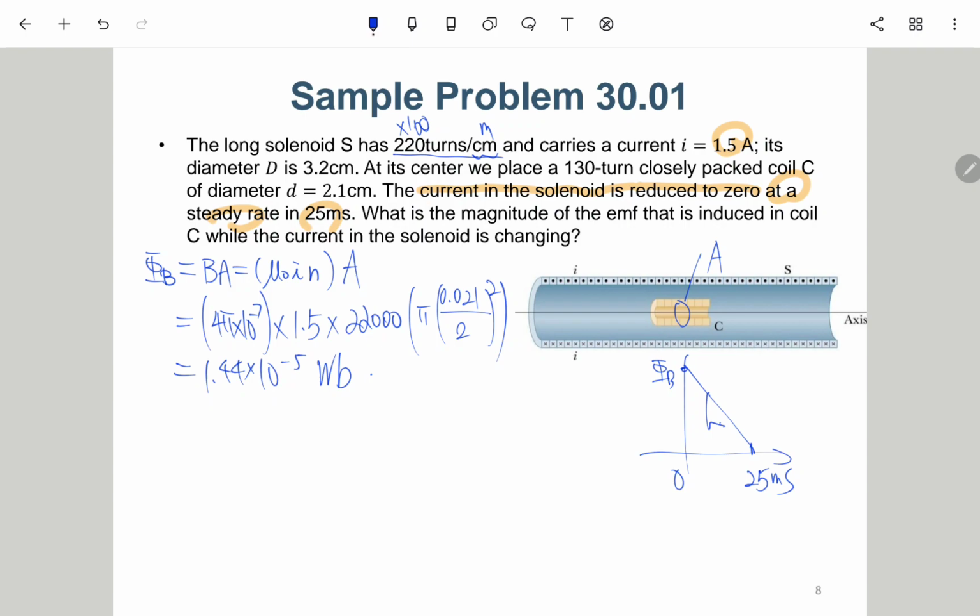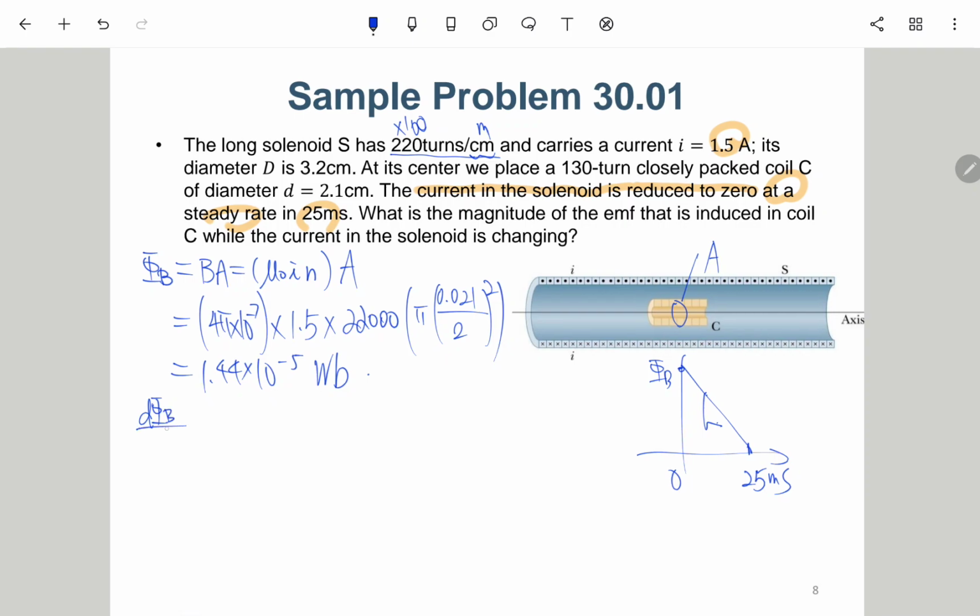The derivative between 0 and 25 milliseconds, d phi B dt, should be negative 1.44 times 10 to negative 5th power, divided by 25 milliseconds, 25 times 10 to negative 3rd. Okay, so this is actually negative 5.76 times 10 to negative 4 Weber per second.